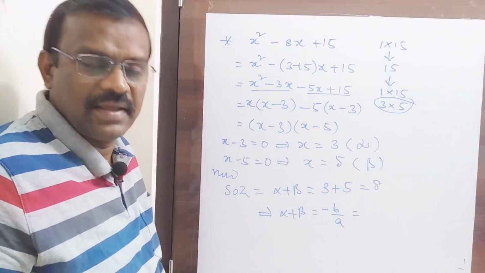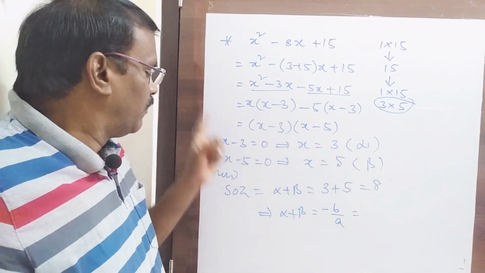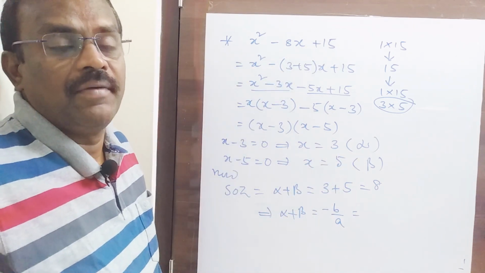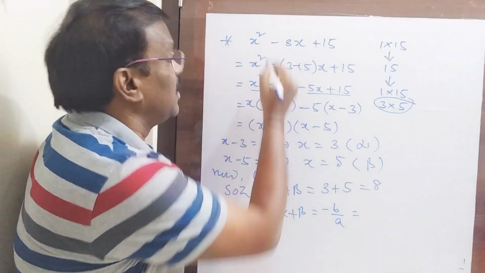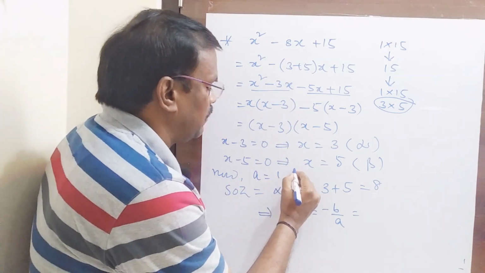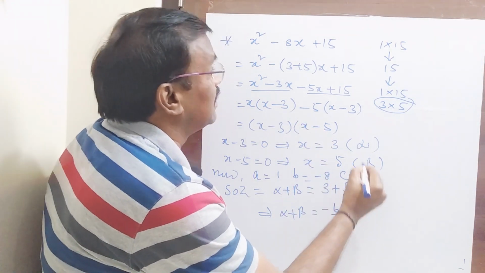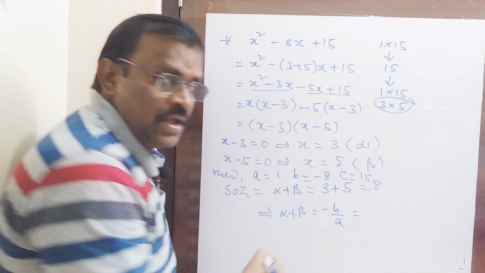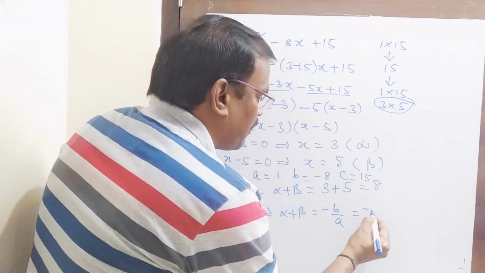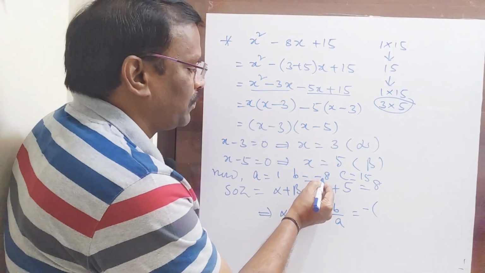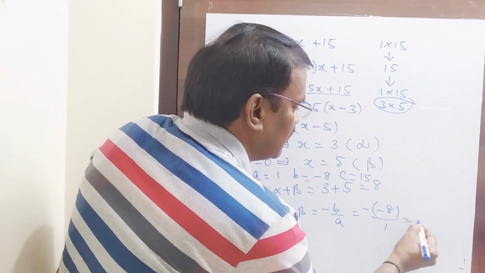After finding the zeros alpha and beta from the given quadratic polynomial, write the a, b, c values here. a is equal to 1, b is equal to minus 8, c is equal to 15. Now you substitute those values in the formula. Minus b by a. Minus of, what is the b value? Minus 8, by 1 is equal to 8.